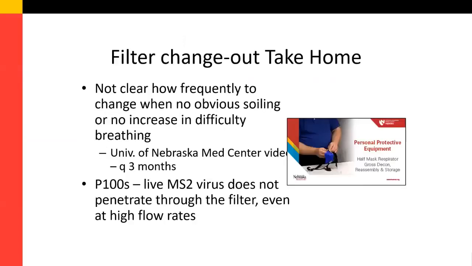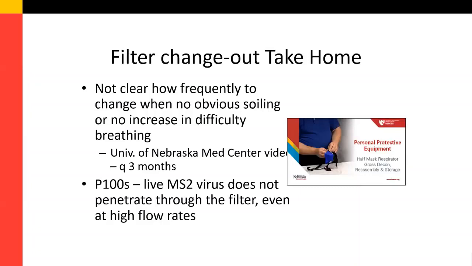So I think the take-home message on filter changeout for now is that it's not clear how frequently to change these filters when there's no obvious soiling and no increase in difficulty breathing.